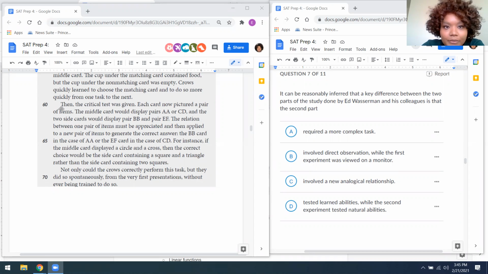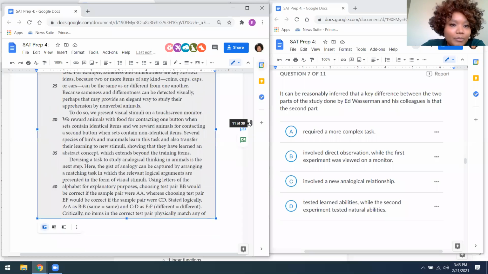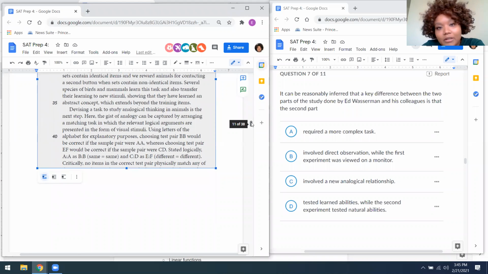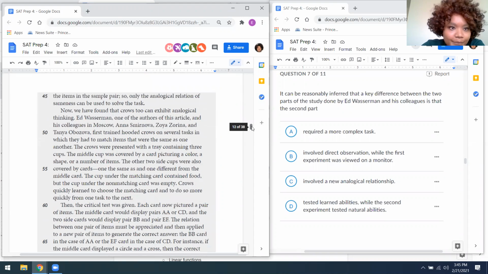Okay, so let's set it up for you. We just skimmed and saw that they did a study with crows. Maybe we don't fully understand, but it had something to do with cups. They tested analogical thinking. It says here in line 36, analogical relation of sameness can be used to solve the task.